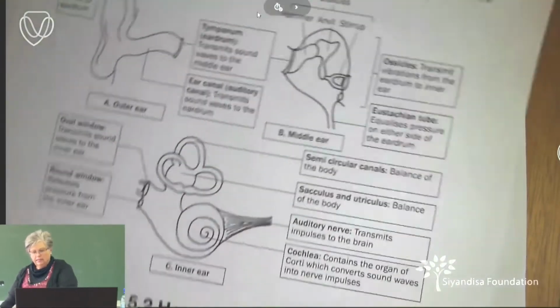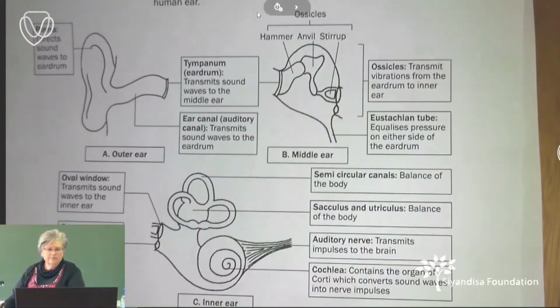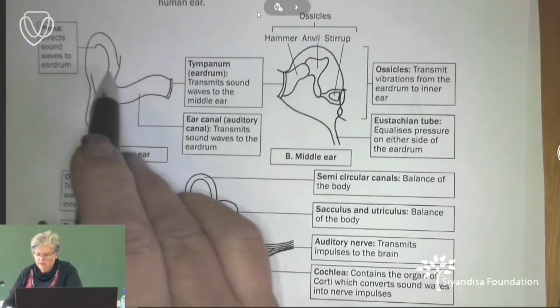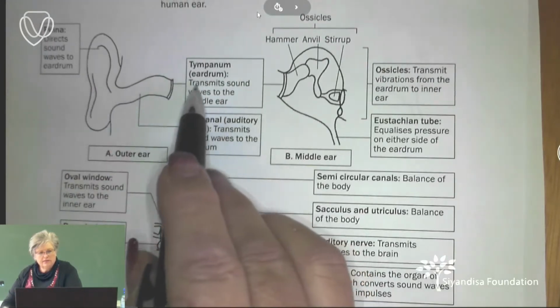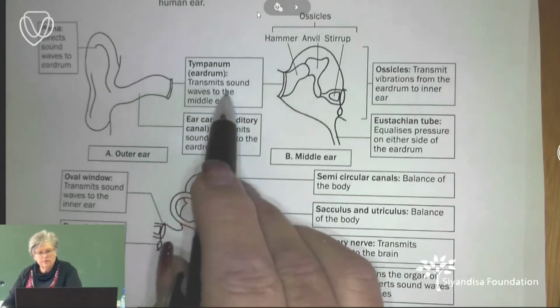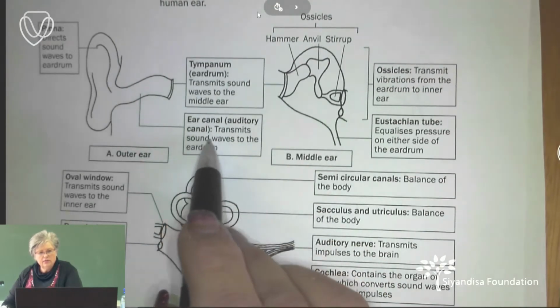Now, if we look at this mind map, it says this is the pinna, and what is the function of the pinna? This is the tympanum. What is the function of the tympanum? What is the ear channel?